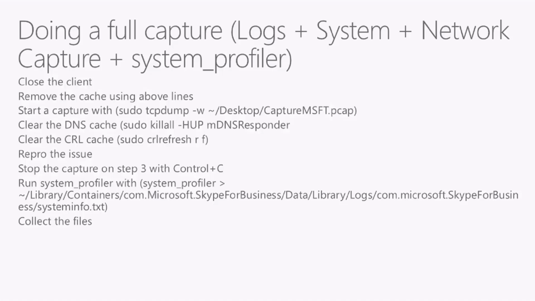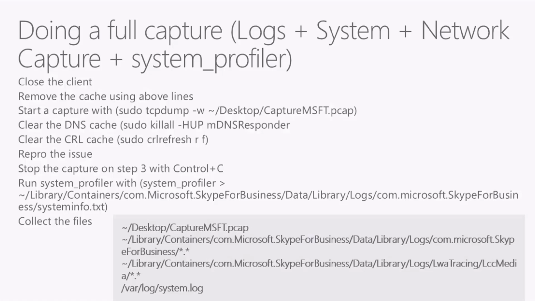And then once that issue is reproduced, you stop the network capture that you were doing earlier by hitting Control C, and then you run the system profiler from the command line with this syntax, and then you collect all of those files and provide them to whoever would be troubleshooting, either Microsoft or IT folks. And this shows you the path to each of those logs.